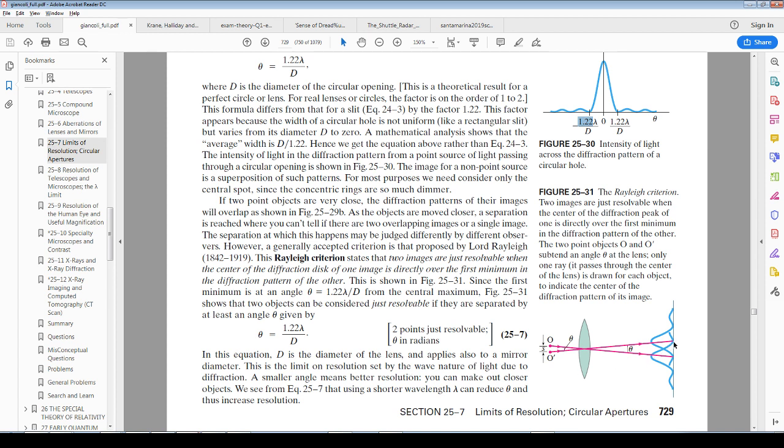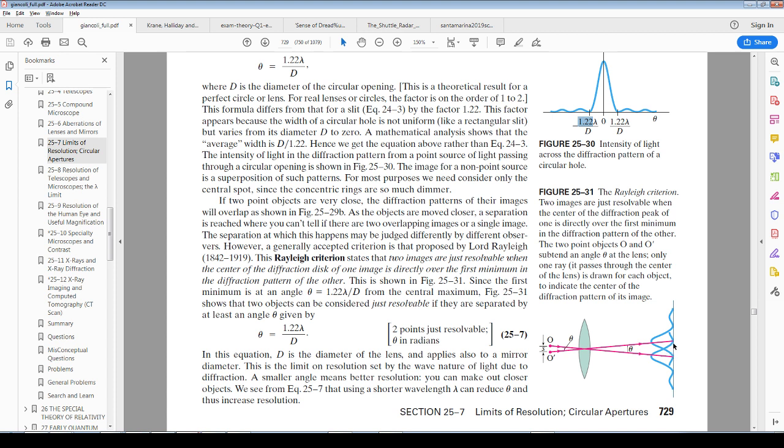So the image on the retina, this point and this point, those two images, the distance between those 2 points on the retina has to be sufficiently far away.